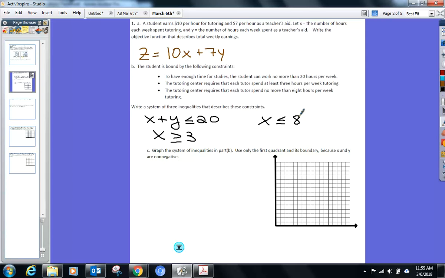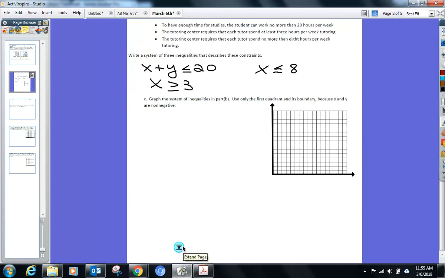Now I'm going to ask you to graph them like we did yesterday. Keep everything in the first quadrant because all our answers are going to be positive, not negative. Ooh, hold on. A couple things here before I let you go on your own with the people you're going to work with or by yourself. X, that's what type of line? X, vertical line.